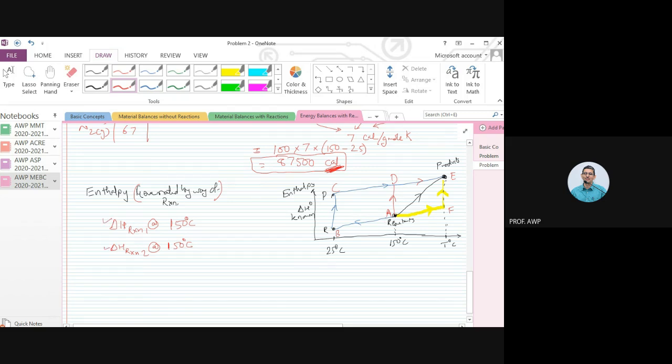When we work out this, it is exactly this diagram that we are doing. When we say delta H of reaction 1 at 150 degrees centigrade, we say it is same as delta H of reaction at 25 degrees centigrade plus integral Cp from 25 degrees centigrade to 150 degrees centigrade, Cp of products minus Cp of reactants into dT, all products and all reactants with their stoichiometry.